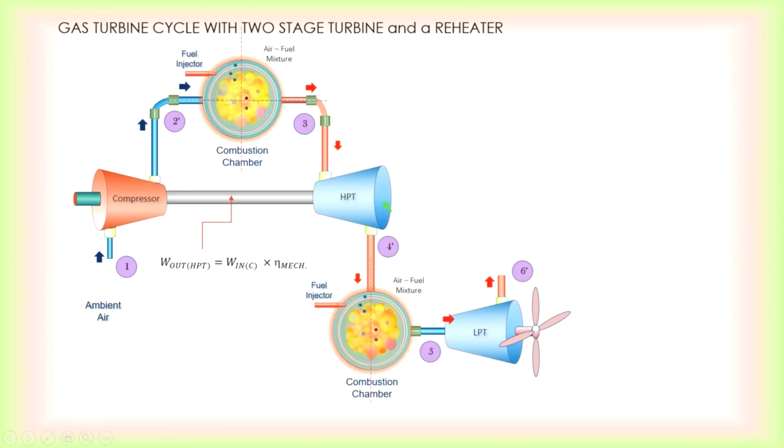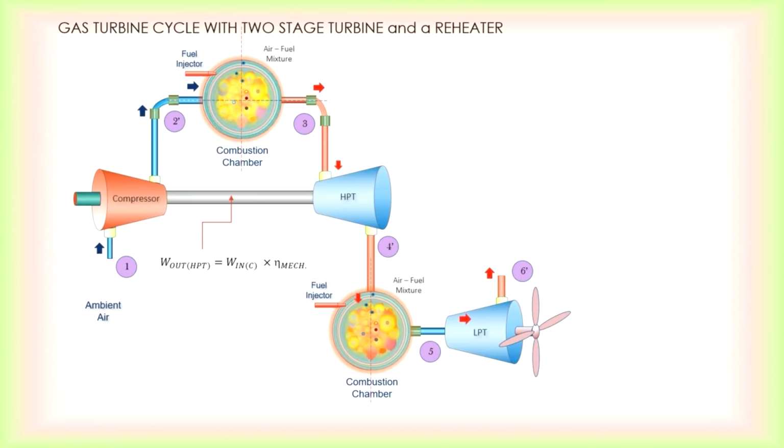After isentropic expansion through the HPT, the gas goes into the second combustor, where it is reheated to its initial temperature, or as otherwise stated.